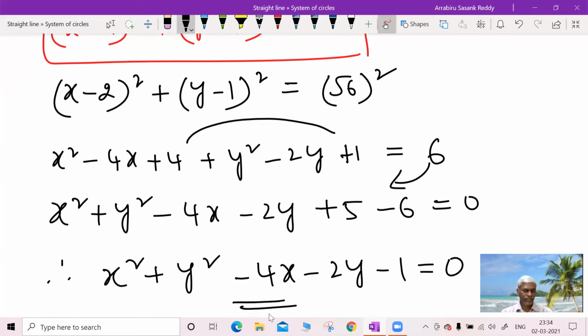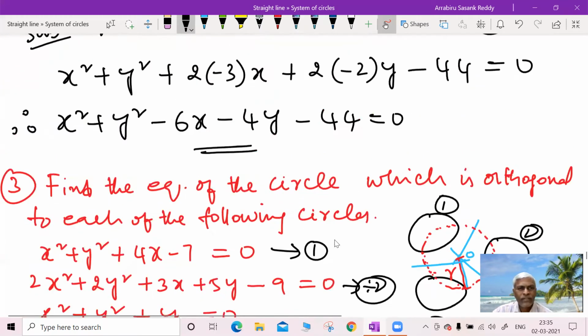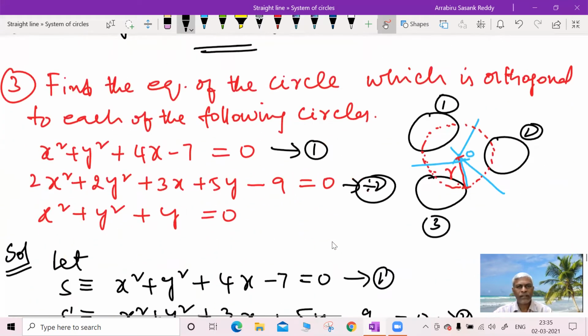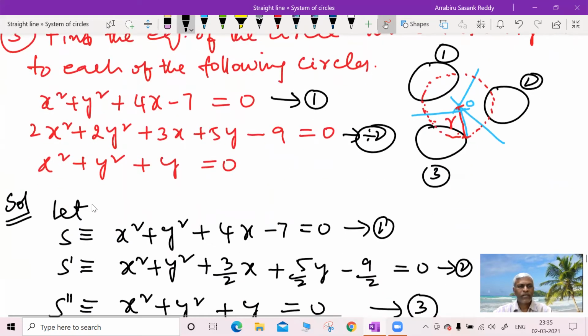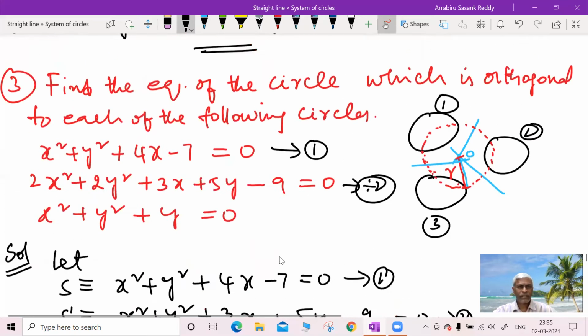Therefore, the required circle x square plus y square minus 4x minus 2y, 5 minus 6 is minus 1, is the required circle, which is orthogonal to all the 3 circles. So this second and third problem are similar. There are 2 methods. You can take the required circle as the general equation, and using the orthogonal condition, you will get 3 simultaneous equations in g, f, c. Solving them, you will get the g, f, c values, and substituting in the general equation, we can get the required equation of the circle.